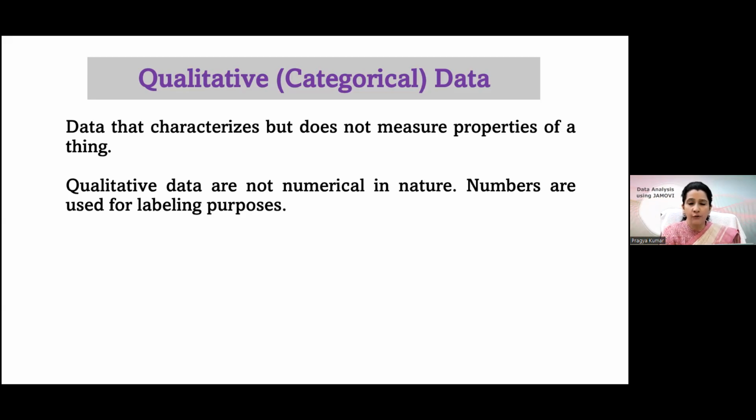If I say I have got 2, then I have less pain. If I say my pain is severe, moderate, or mild, I'll give severe 3, moderate 2, and mild 1. That means 3 definitely ranks higher than 1. I cannot change the order. I cannot give 3 to mild and 1 to high.